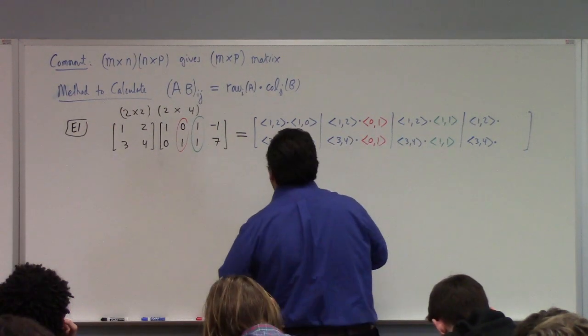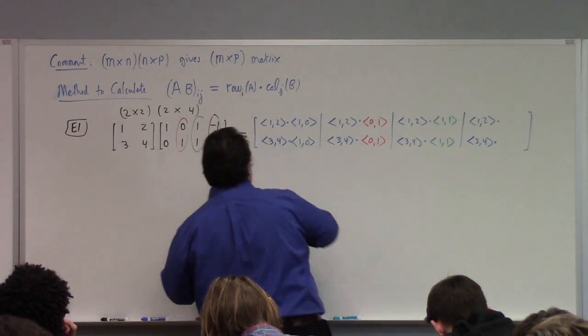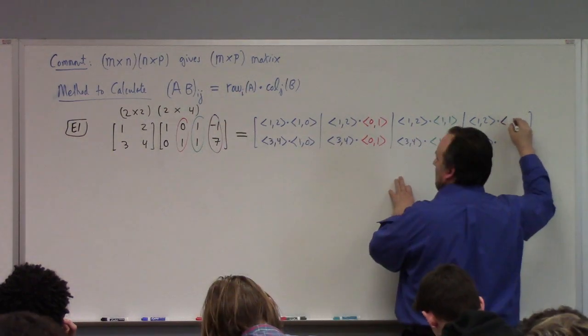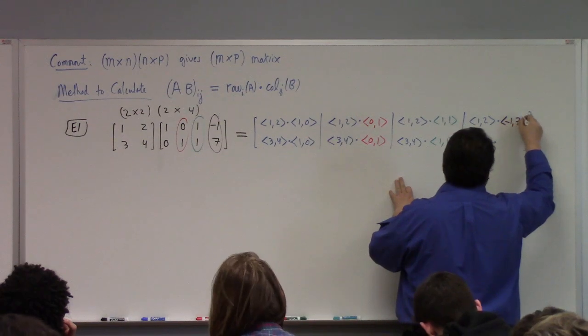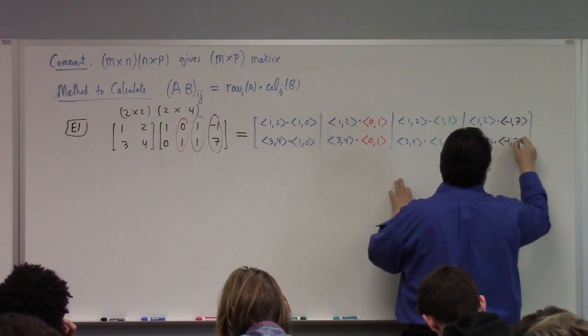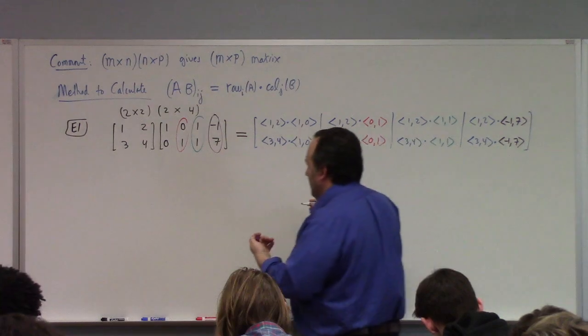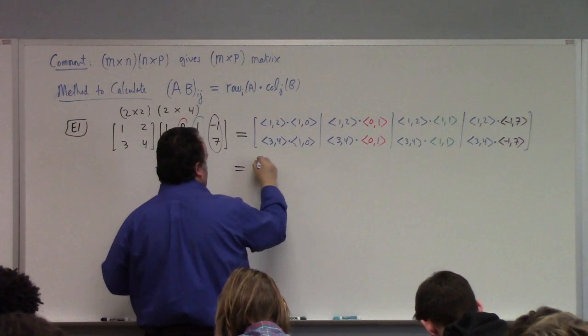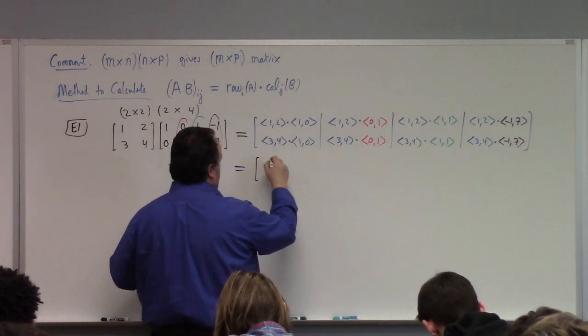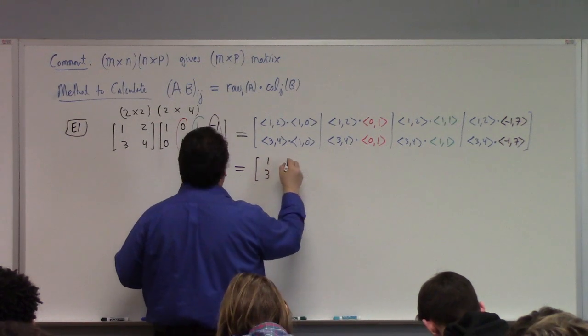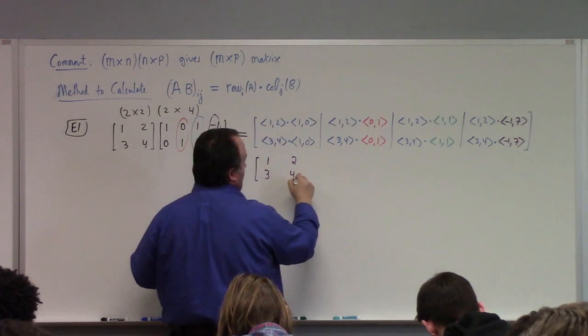And finally, this one, minus 1, 7, minus 1, 7. You guys know how to calculate dot products. You had Calc 3. So this is 1, 3, 2, 4.